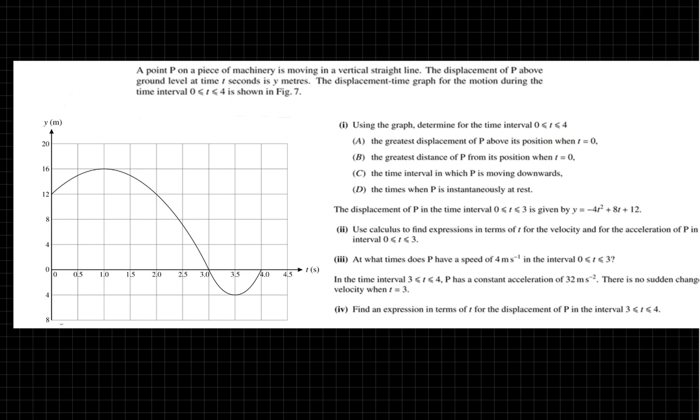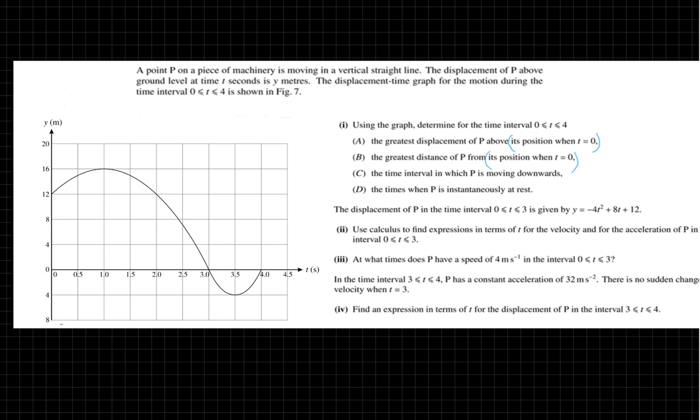If I can apply a bit of maths to English, I would say if we bracket around this bit, its position when t equals 0. So its position when t equals 0 is simply saying a specific position.